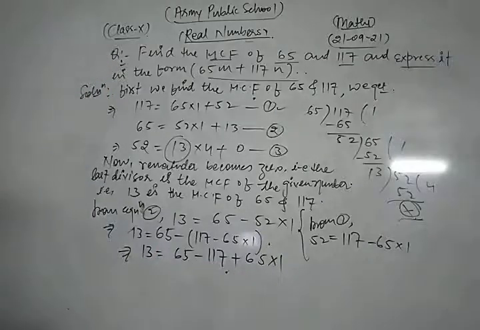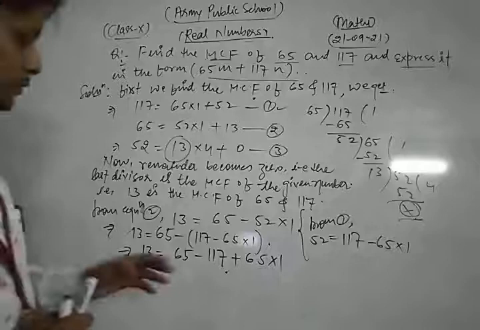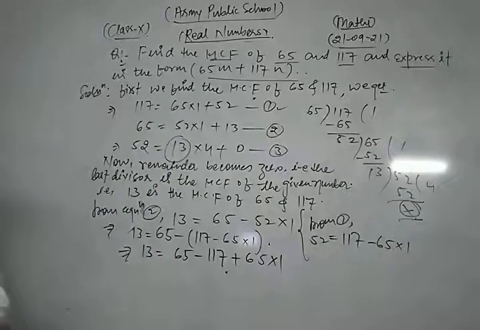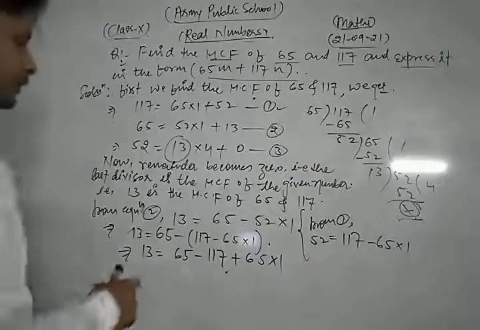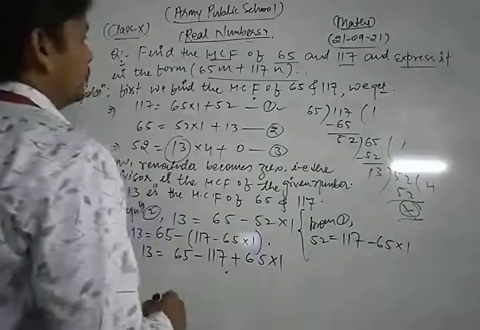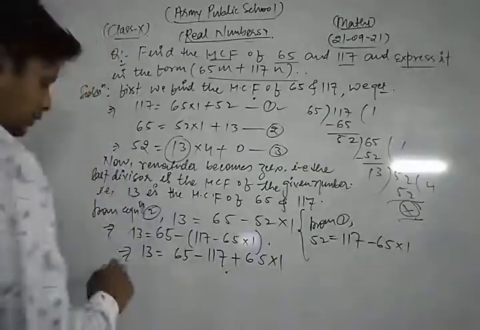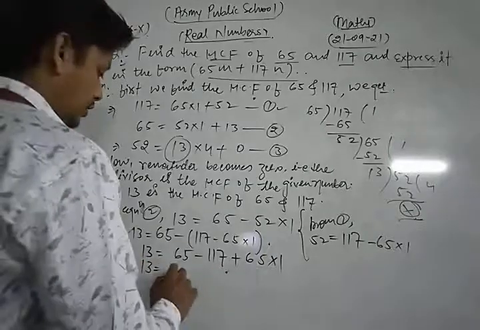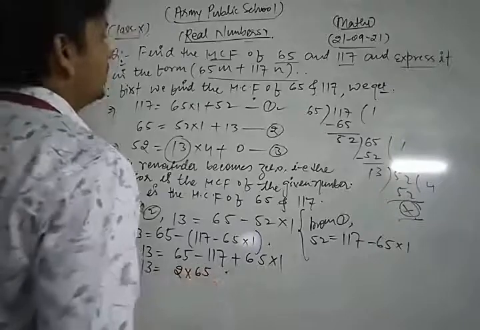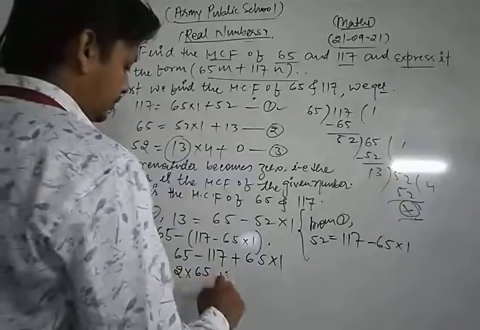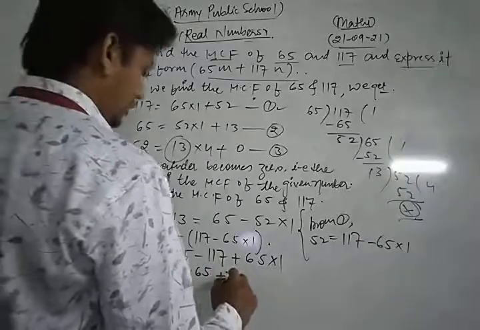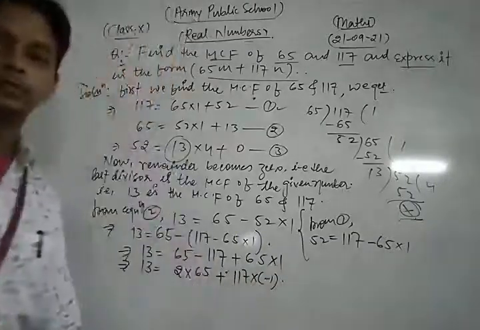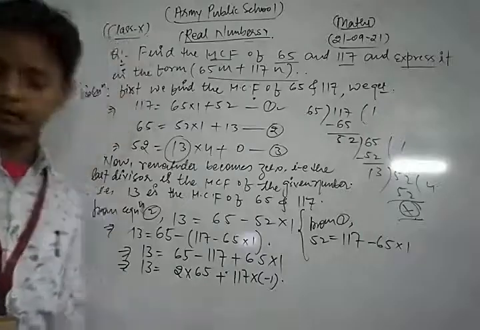So now look, we express the given expression in this form. From there we can write 13 is equal to 65 into 2 plus 117 into minus 1.